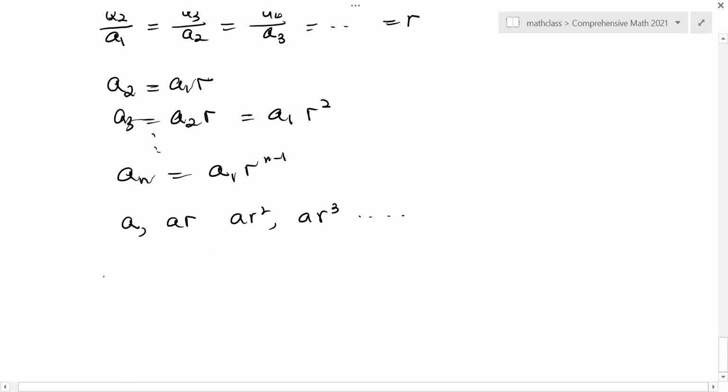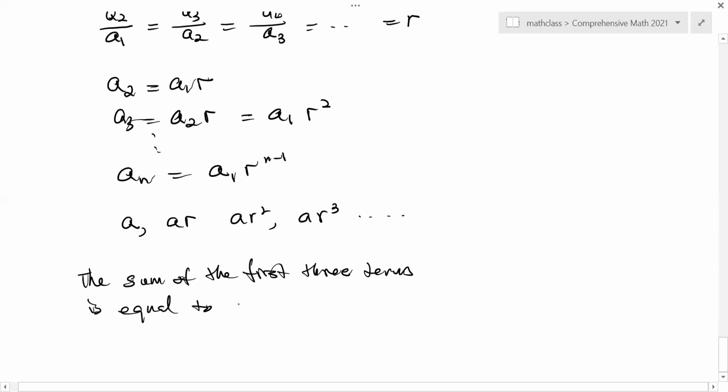So you are given the following information. The sum of the first three terms of a geometric sequence of positive integers is equal to 7 times the first term.